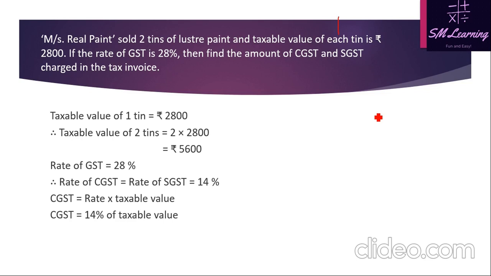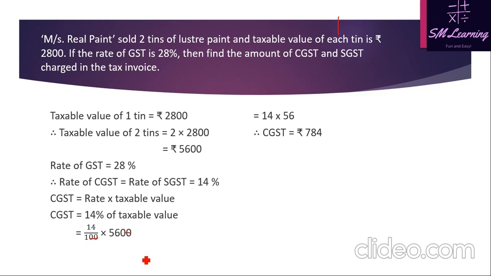Of means multiplication again. So 14 upon 100 into 5600. So let us cancel the zeros. 0, 0, 0, 0 gets cancelled. So we get 14 into 56. If you multiply these two values, you get rupees 784.